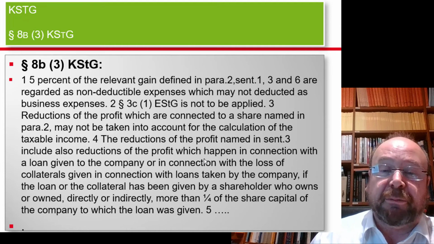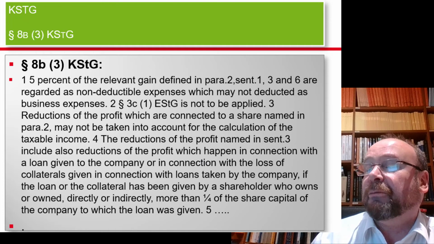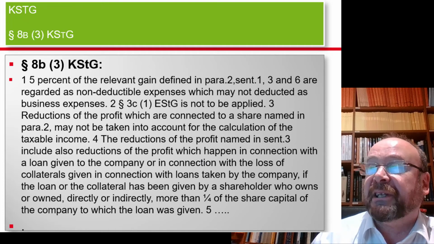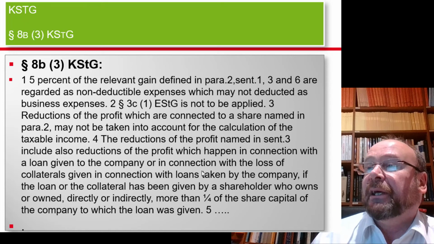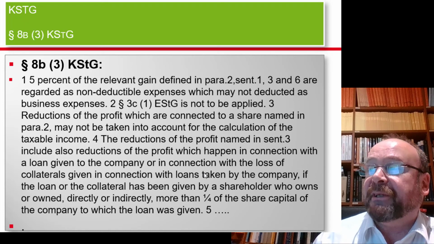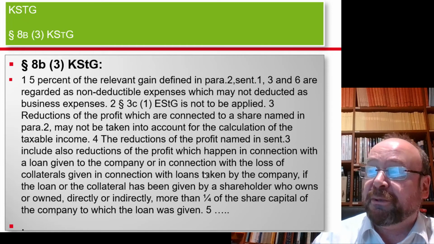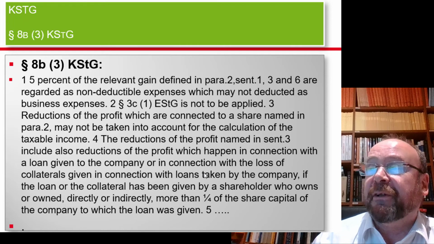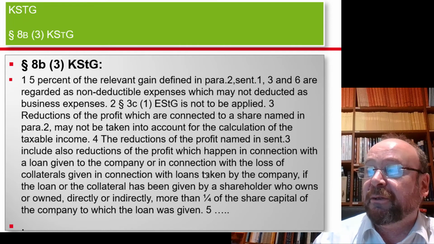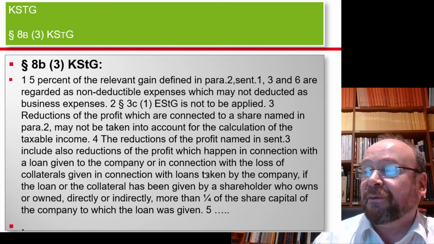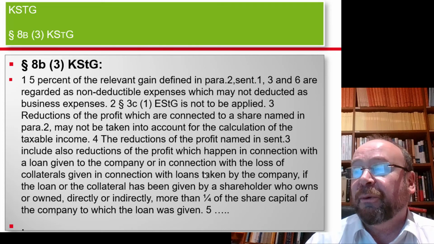So here's the general principle: any loss, income, or expense in connection with such tax-free shares cannot be deducted. And then it goes on, sentence 4: the reductions of the profit named in sentence 3 also include reductions of the profit which happen in connection with a loan, a credit, given to the company, or in connection with the loss of collaterals given in connection with such loans taken by the company, if the loan or the collateral has been given by a shareholder who owns or owned directly or indirectly more than 1/4 of the share capital of the company to which the loan was given.